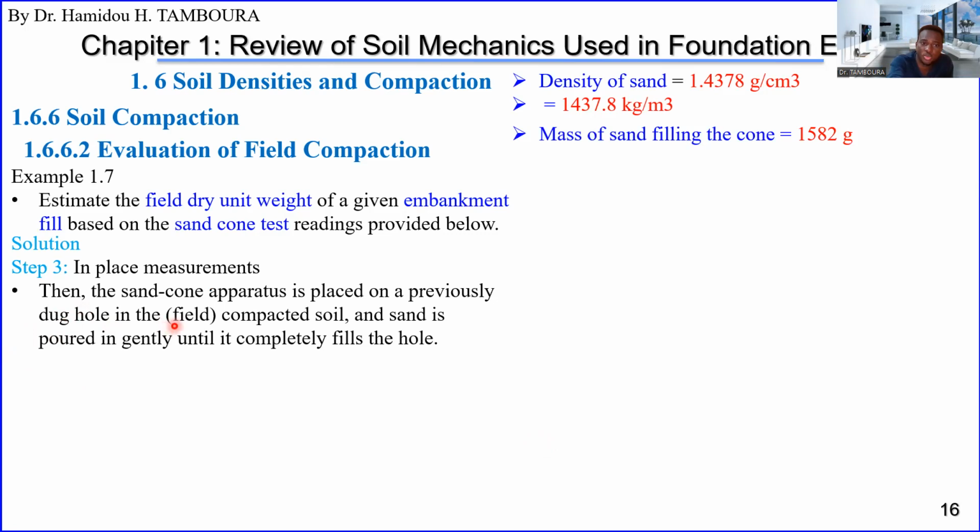Dig the hole first, of course, and the soil from this hole, you don't throw it, you have to take it to go and measure it. Okay, then you place the sand cone apparatus on the hole. Before placing it, you have to weigh it and know the mass of everything.